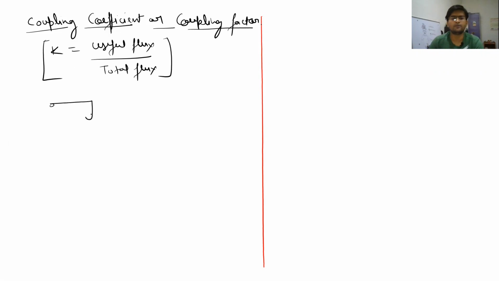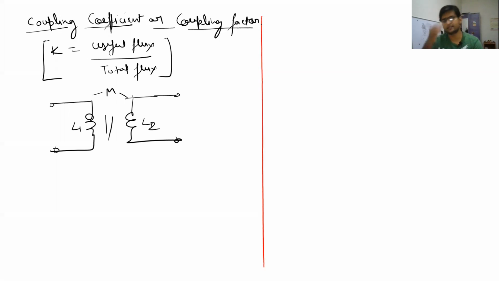So we have already seen this kind of circuit. This was having self-inductance L1, this was having L2, and some mutual inductance M. It was having coil turns of N1, and this was having turns of N2. This was having a current I1 and this was having a current I2.